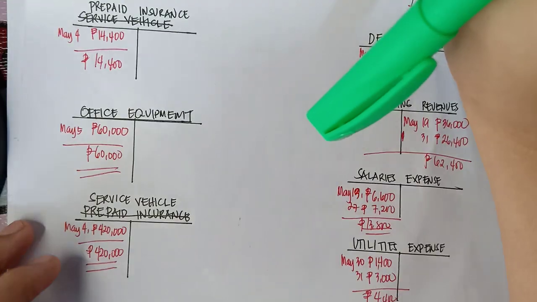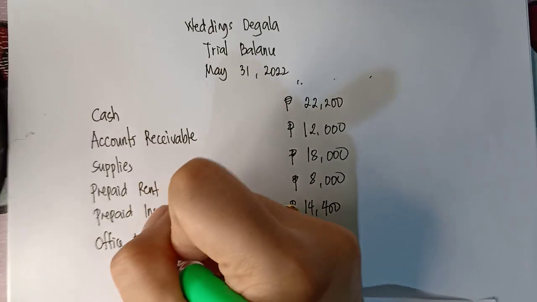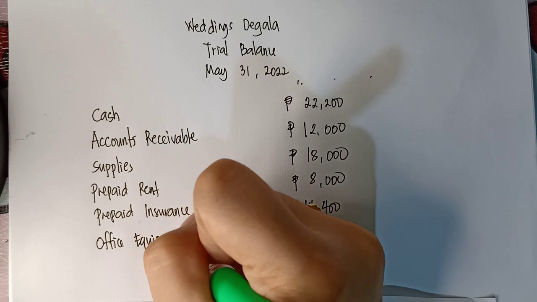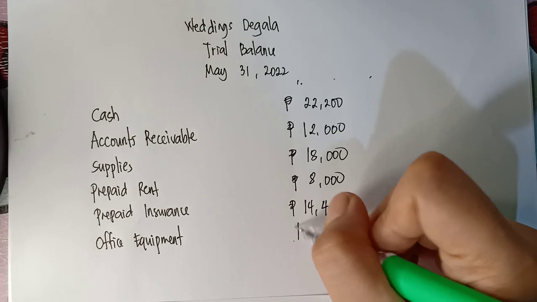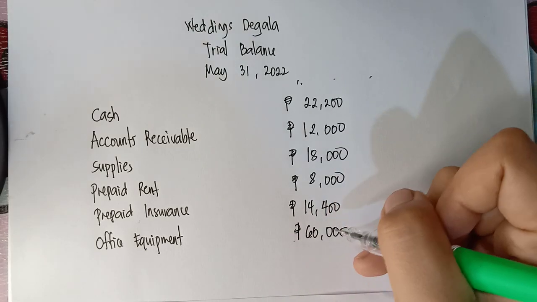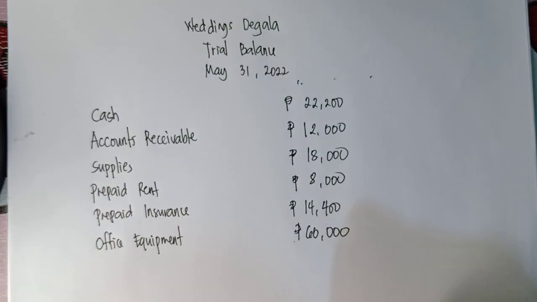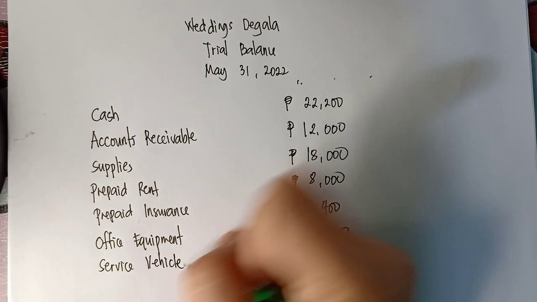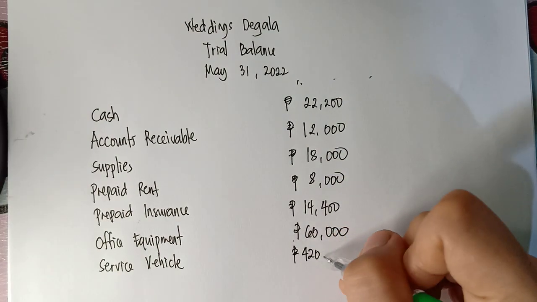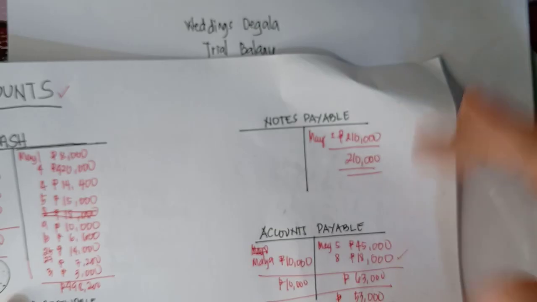Then office equipment for 60,000, debit side. Then service vehicle for 420,000.